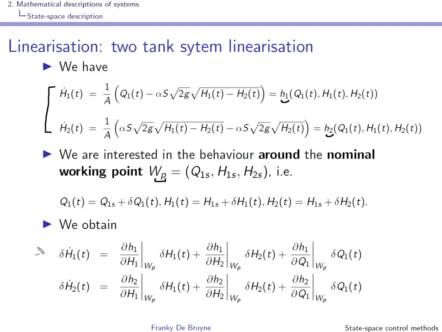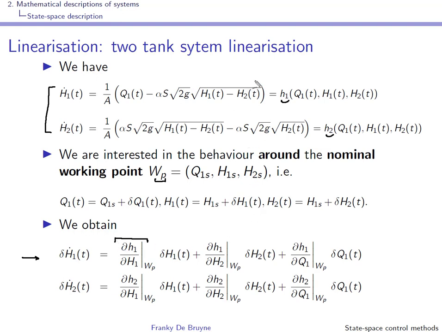And we've seen previously that you can obtain a state space description of these variations in the following fashion. So what you have to do is take H1, for this first equation, and then take the partial derivative with respect to H1, H2, the two states, and Q1, right? So let's do this, for instance, for this element here.